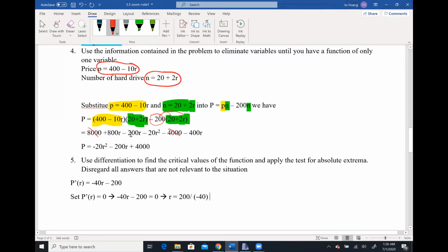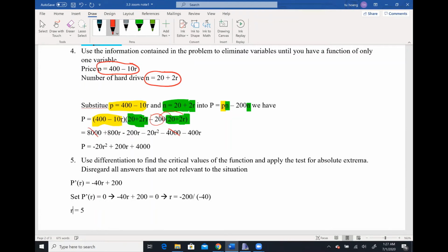Oh, yes, I made a mistake here. It should be plus, oh, no, minus 200. So then here is plus 200. Then R has to be negative 200 over negative 40. We're going to have what? 5. Right. Equal to 5.